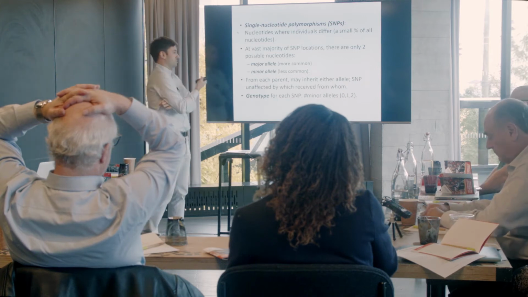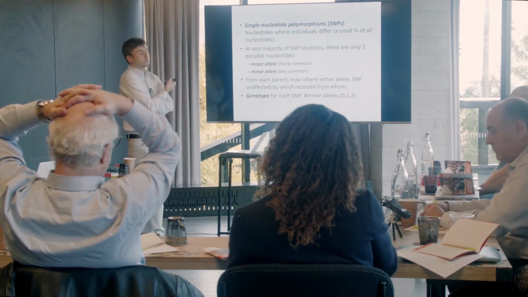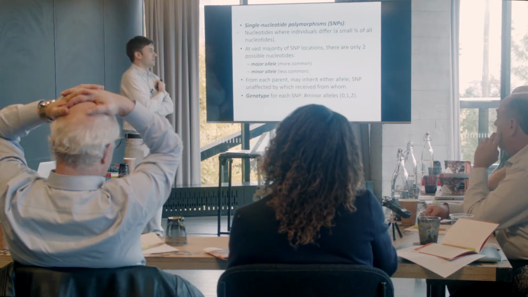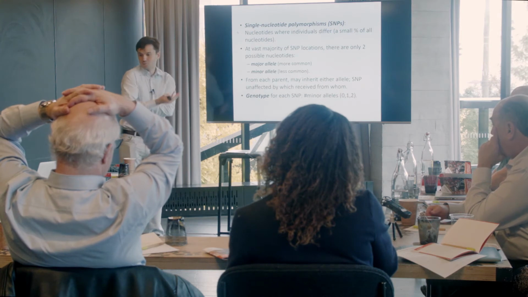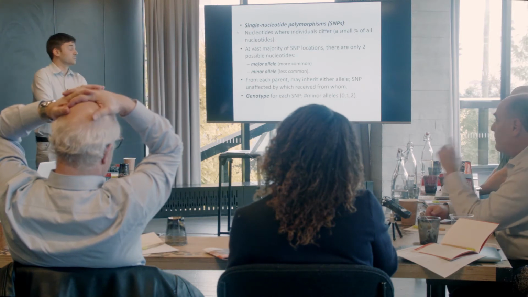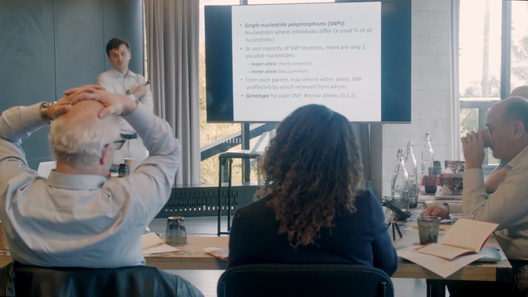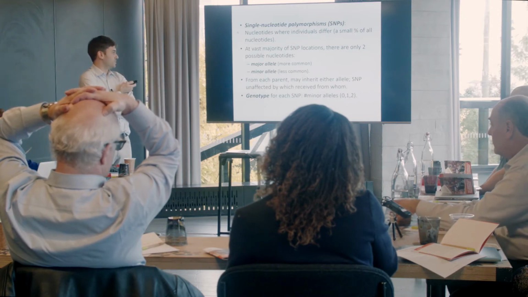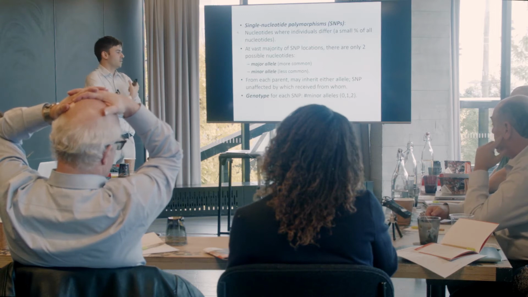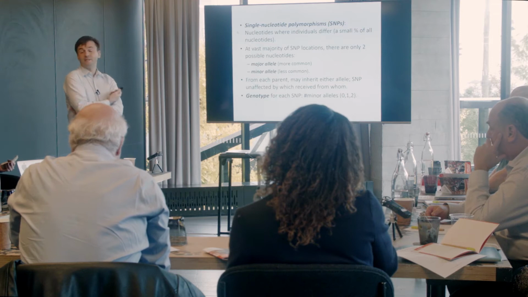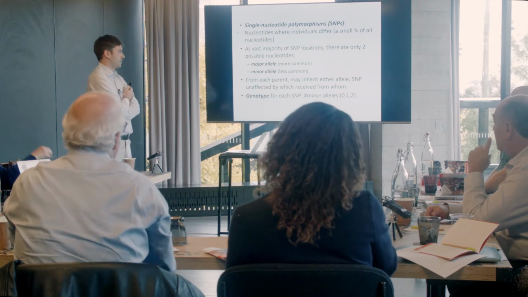And so we can adopt the convention of calling your genotype the number of minor alleles. Any one person either has 0 minor alleles, 1 minor allele, or 2 minor alleles. Those are the only possibilities. One of them was transmitted from your mother, one of them from your biological father. So when I say genotype at a SNP, I just mean a number that describes the number of minor alleles you're endowed with at that SNP.